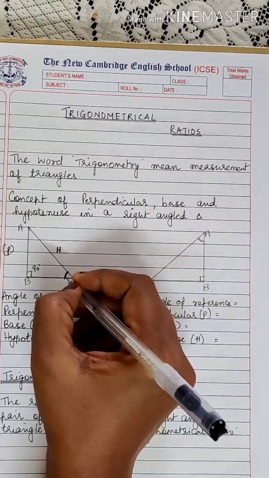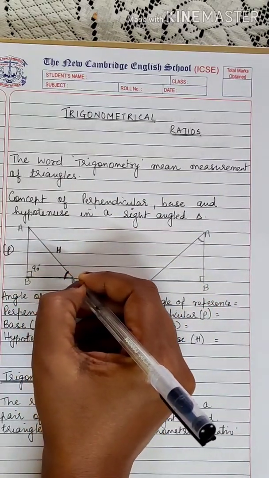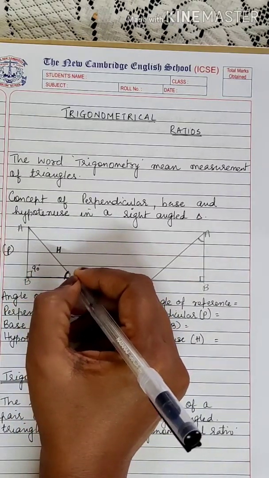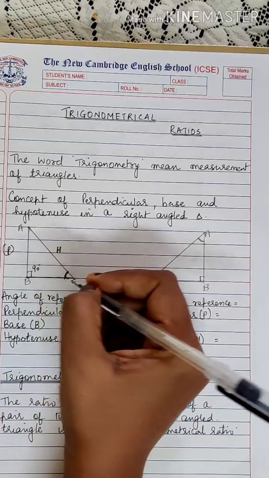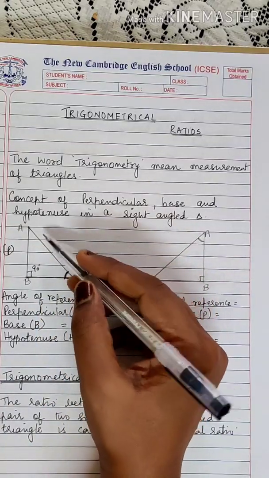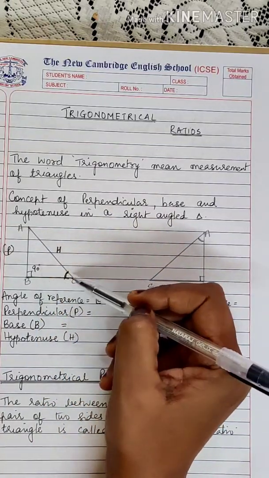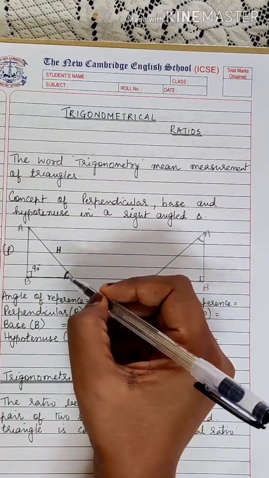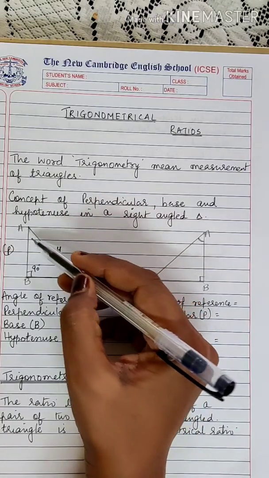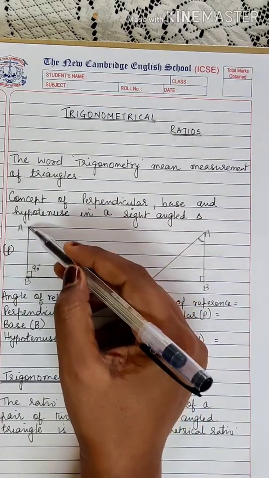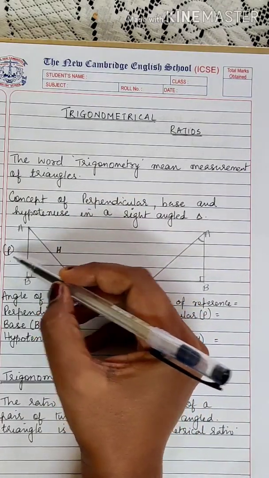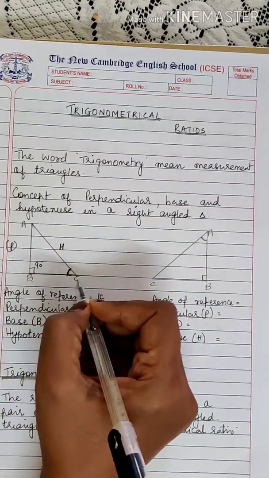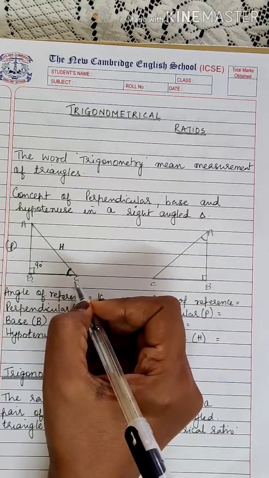And the side adjacent to the angle of reference is called the base. So in this triangle ABC, angle C is the angle of reference, and with respect to this angle, the side opposite, that is AB, is the perpendicular and the side adjacent to this angle is BC, which we call the base.